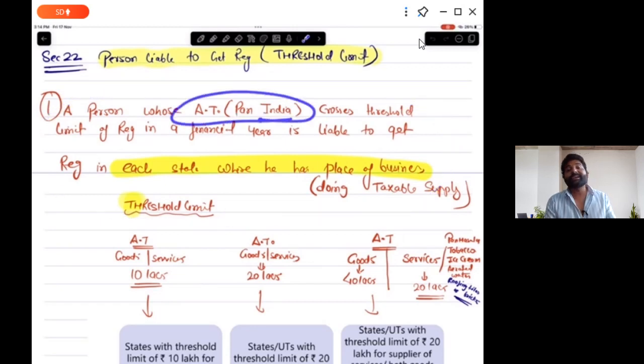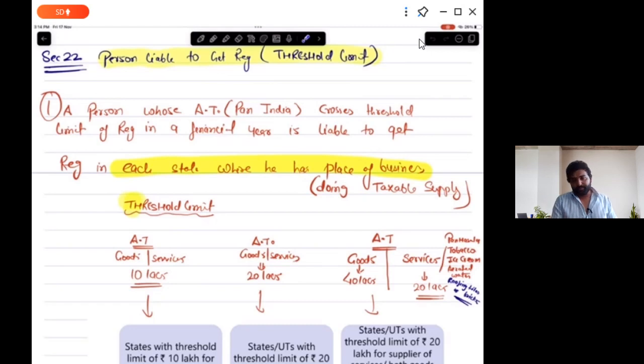It is very important. Any person whose aggregate turnover, first of all, we are talking about aggregate turnover, and I have covered its meaning in composition. Aggregate turnover includes all taxable supplies, all non-taxable supplies, all turnover, whether intra-state, inter-state, taxable, non-taxable or exempt. It doesn't matter. It is called aggregate turnover. It excludes taxes, so we don't have to add GST while calculating this turnover.